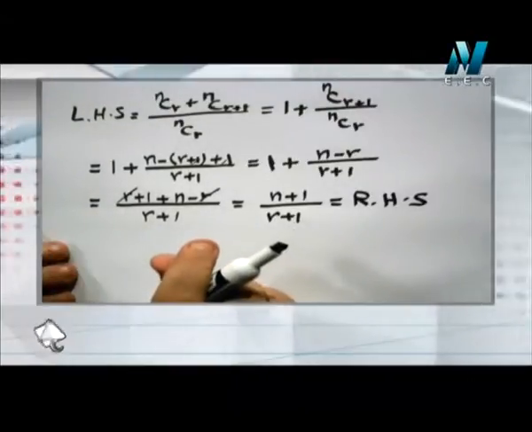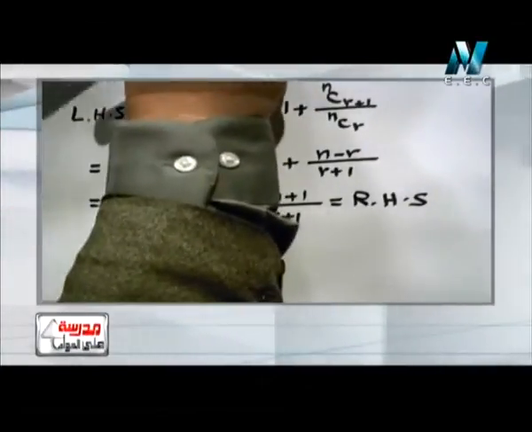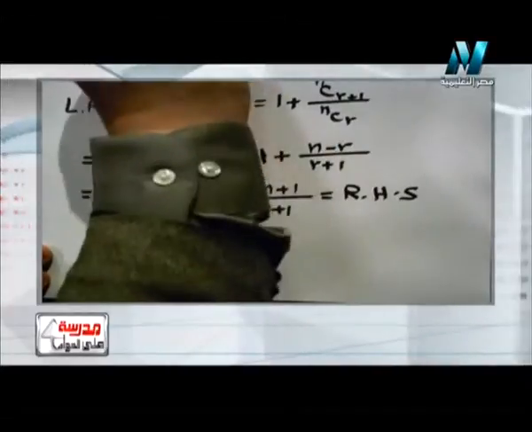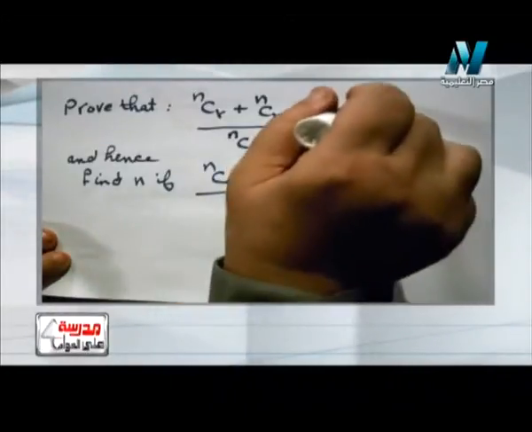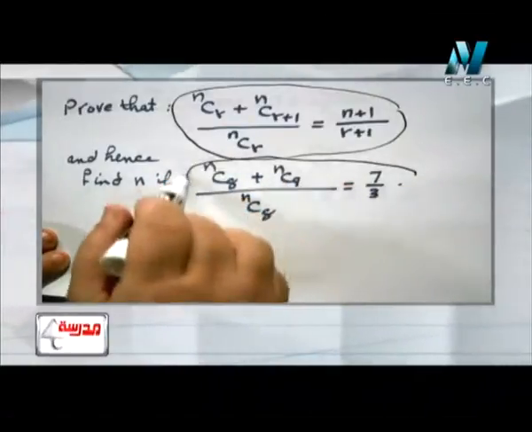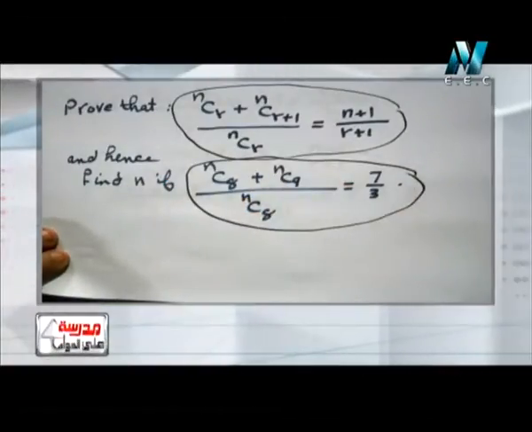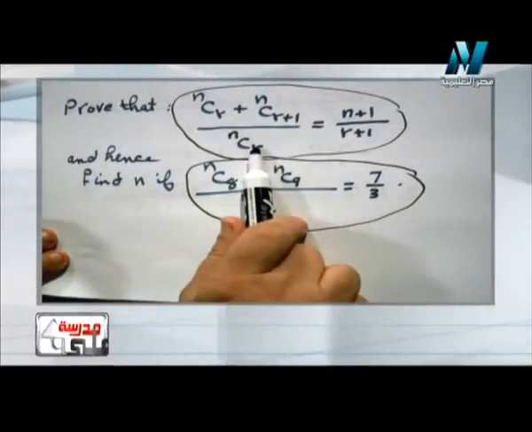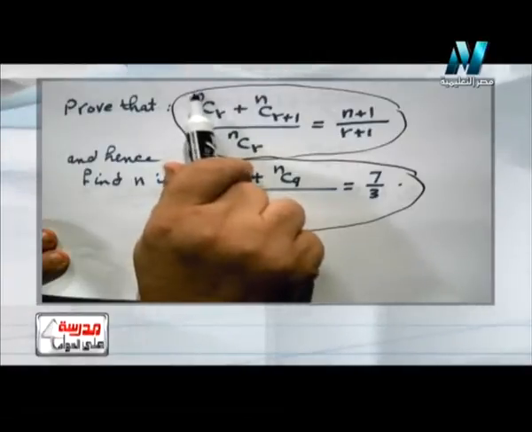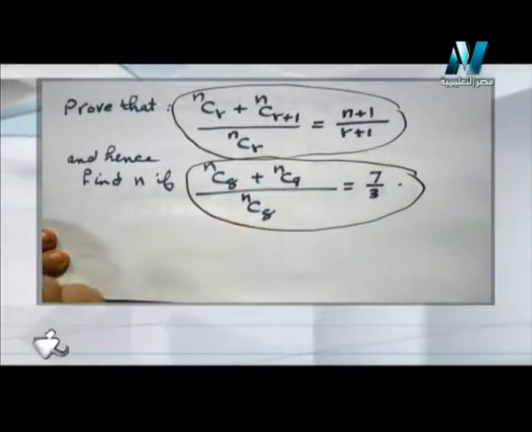Then it says, and hence find n if (nC8 plus nC9) over nC8 equals 7 over 3. By using this, we can use this to prove the second part. (nCr plus nCr+1) over nCr is equal to (n+1) over (r+1).